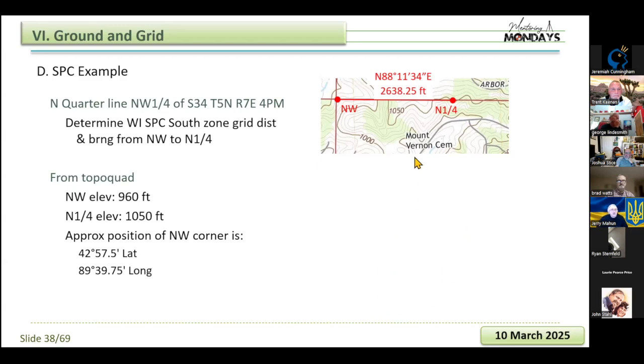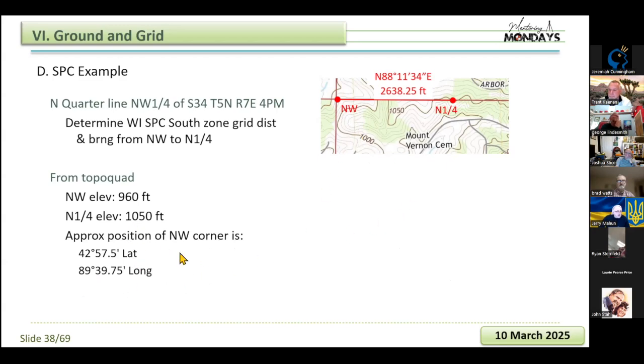Now from the topo quad, we can pull their elevations: 960 at the northwest point, and 1050 at the north quarter corner. And the approximate position of the northwest corner, we can pull off the topo quad also: 42 degrees 57.5 minutes for the latitude, 89 degrees 39 3/4 minutes for the longitude.